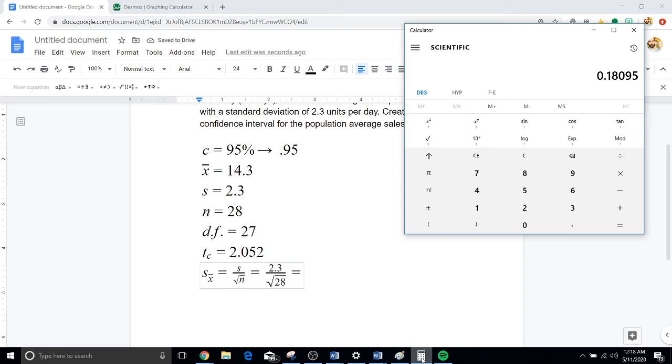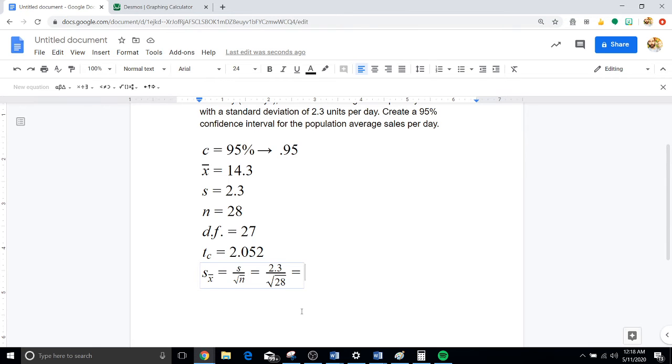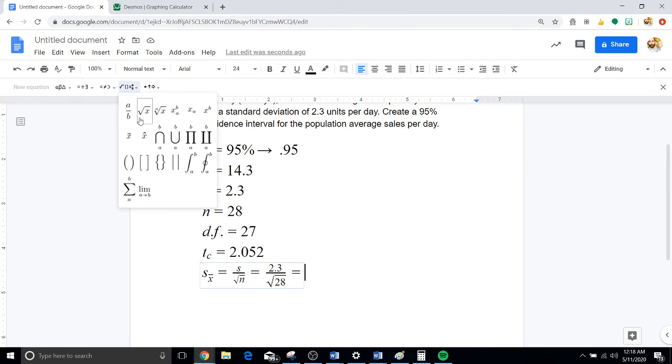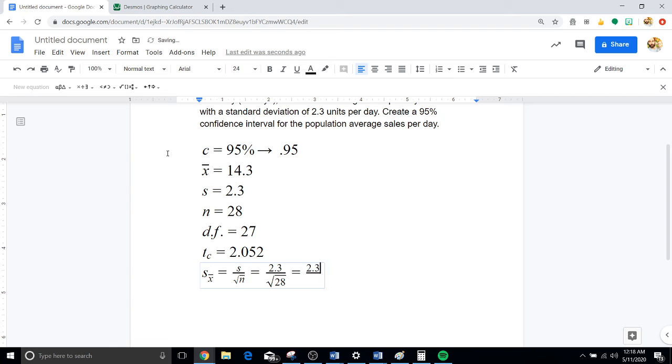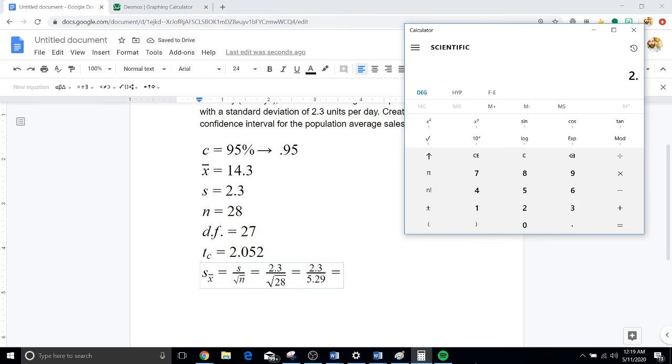The square root of 28 is 5.29 approximately. So 2.3 divided by 5.29. And 2.3 divided by 5.29 is going to be equal to about 0.4347. Let's call it about 0.434.